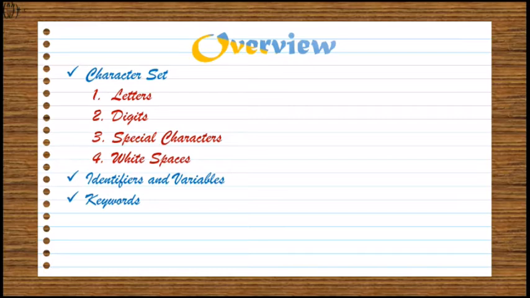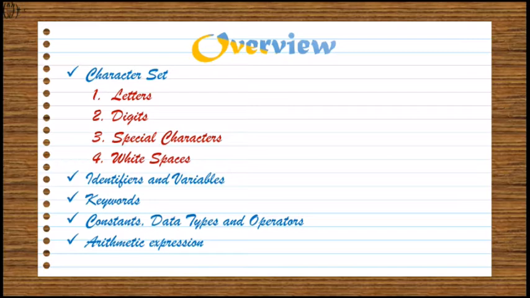We also know the various constants, data types and different types of operators. And also we know the arithmetic expression and how to evaluate arithmetic expression by using set of rules. So by using all these, now we can create any C program.